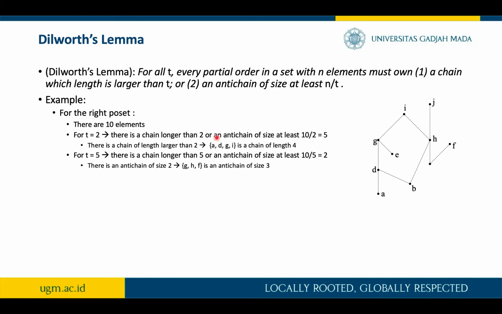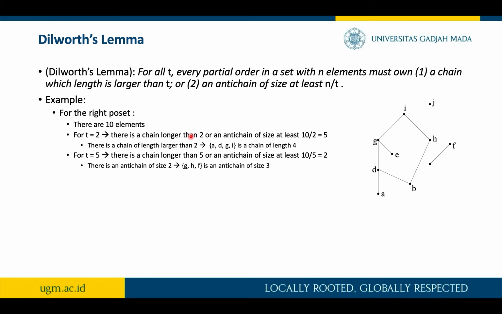So in this case, there is a chain of length larger than 2. We have ATGI. ATGI is a chain of length 4, sorry, 5. A chain of length 4. So for this case, when T equals 2, then the first one is correct.